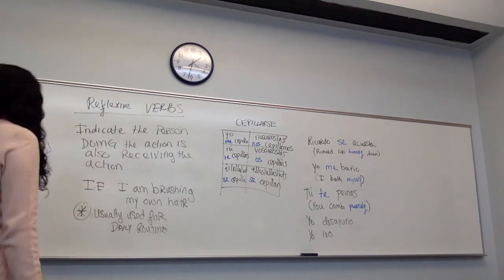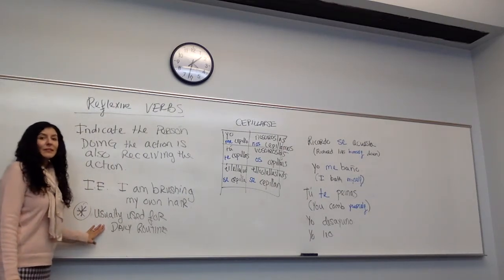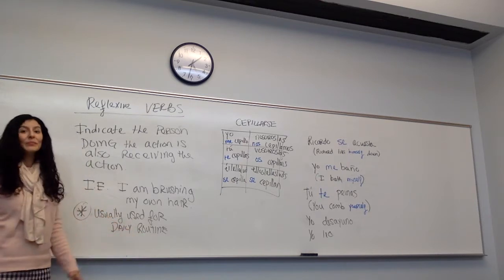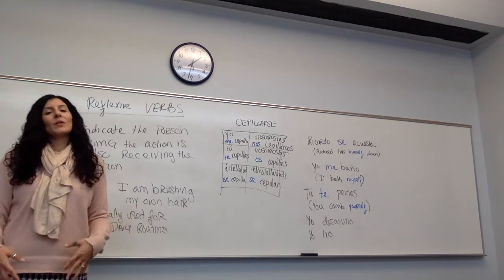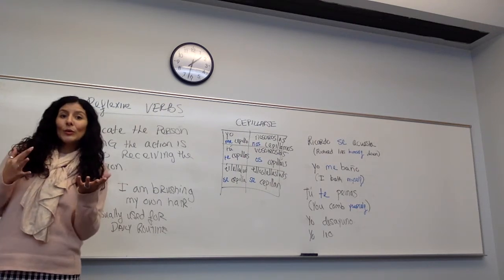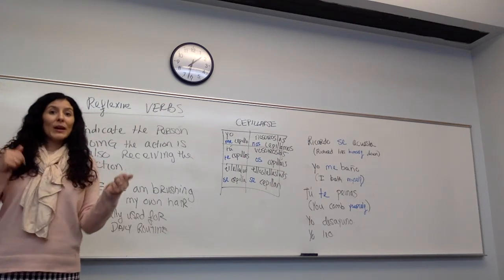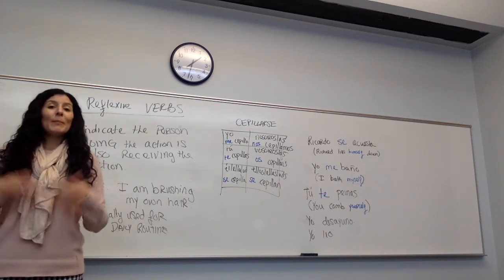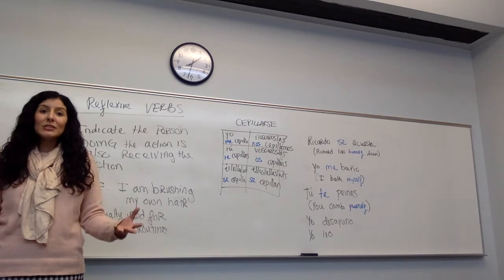Reflexive verbs are often used for situations that involve what we think of as the daily routine, right? When we wake up, in Spanish we can say things like me levanto, me acuesto, me duermo, me despierto, me cepillo, me peino, me arreglo, me alisto.